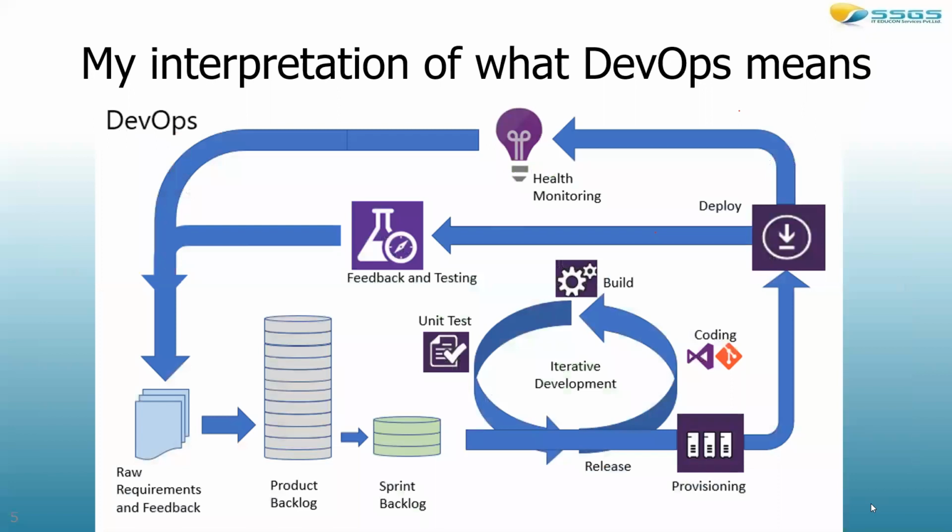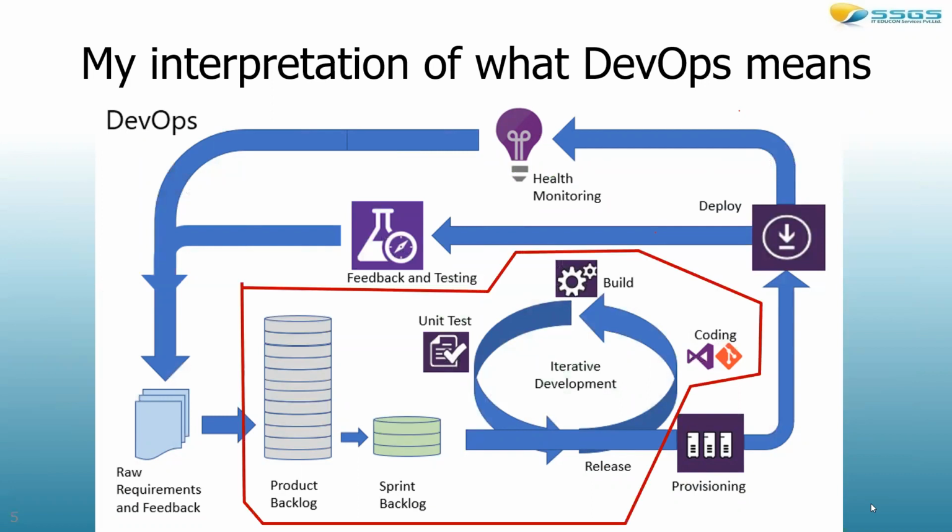So what is my interpretation of what DevOps means? DevOps is everything which is in agile. Whatever I'm showing in the red border has been there as part of agile for years, and it has been very popular.